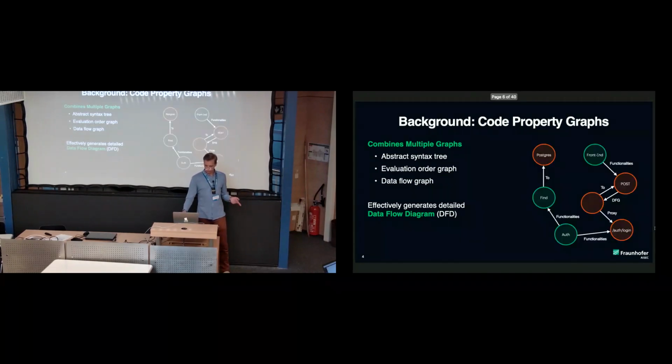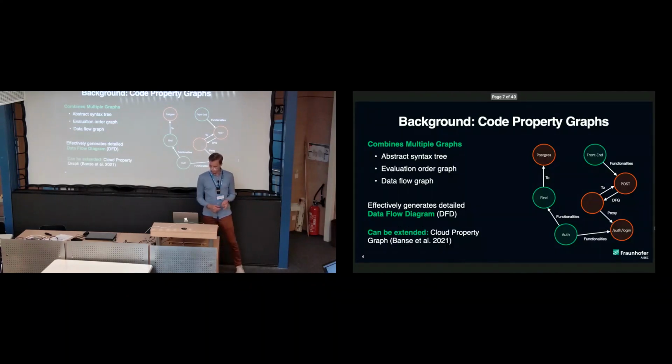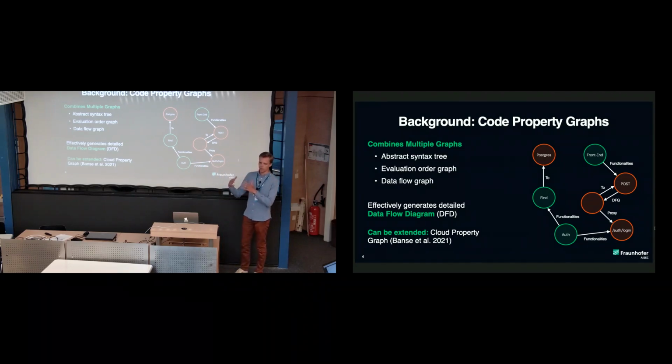And what we have shown in a previous work, that's called the cloud property graph actually, is that we can use this code property graph and extend it with arbitrary other information that are useful for an analysis for security of, in this case, cloud-based systems. So what you can see here is just a very small excerpt of such a graph that shows an application there.